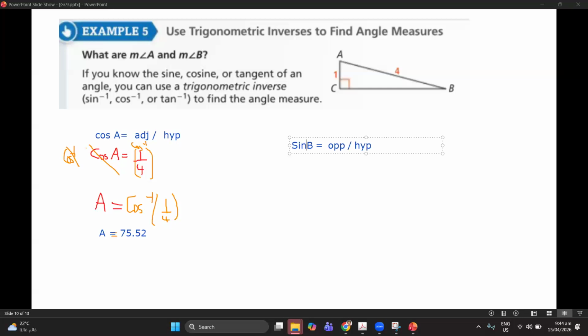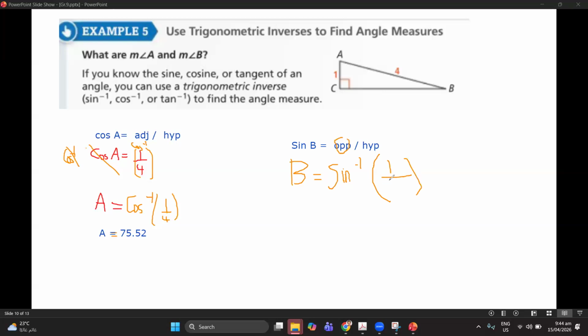Sine. Excellent. So in order to find B, I will say that B equals sine inverse of, the opposite over the hypotenuse. What is the opposite of B? 1.